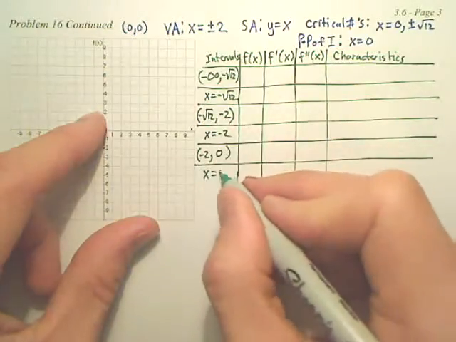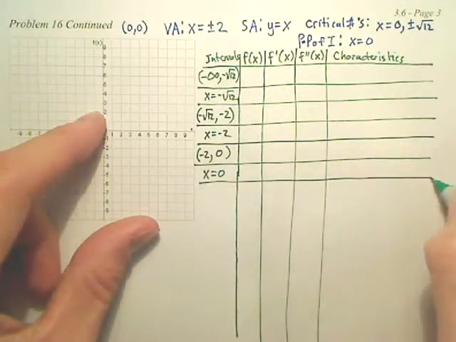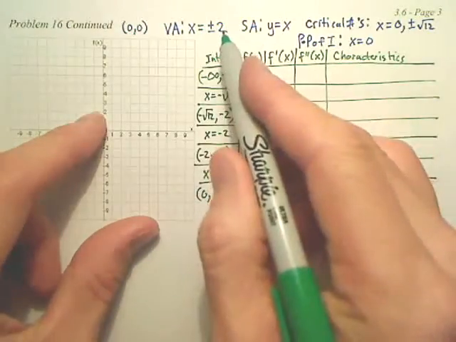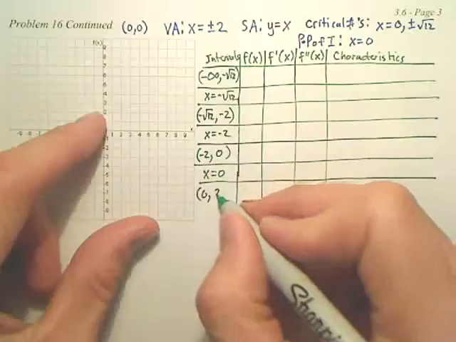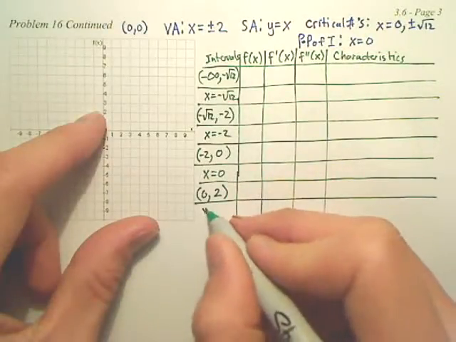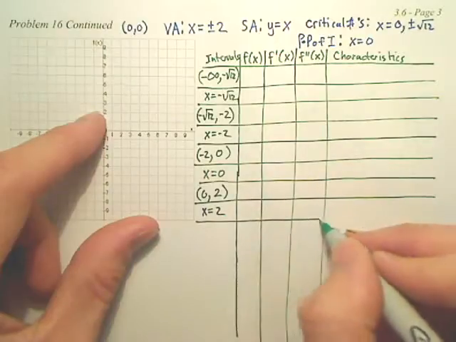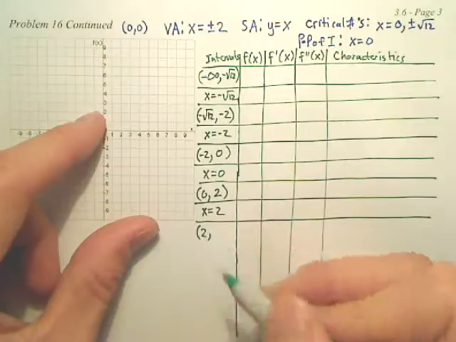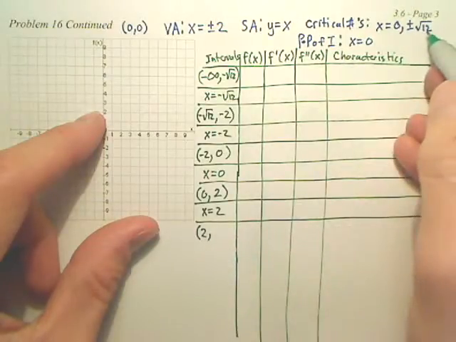Then we have x equals 0. And then we have 0 to, is it 2? 0 to 2. And then we have x equals 2. And then we have 2 to, is the last one square root 12?